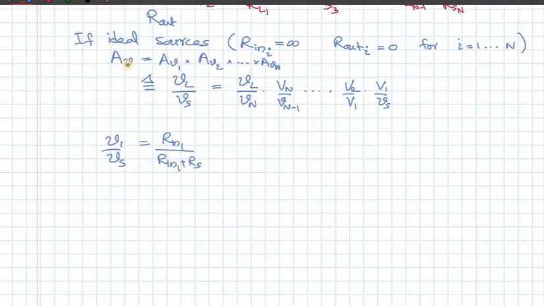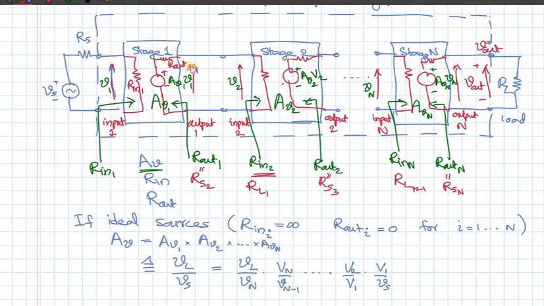Okay, similarly V2 over V1, V2 is the output of the first stage, which is also the input to the second stage, right? So this is R in 2, this is R out 1.